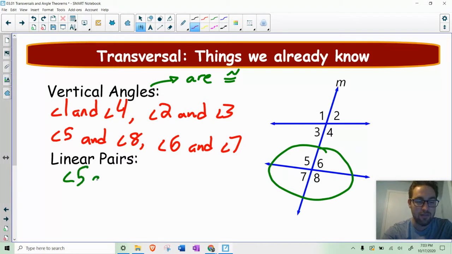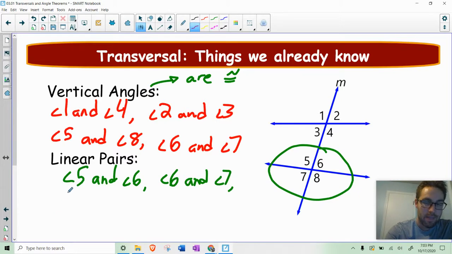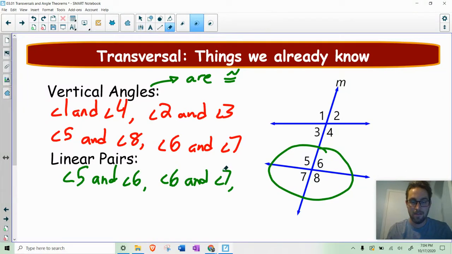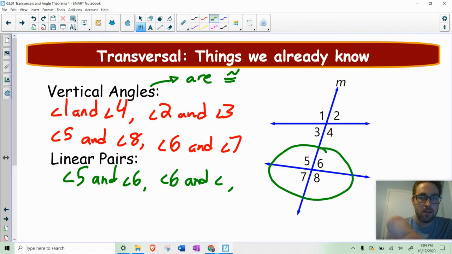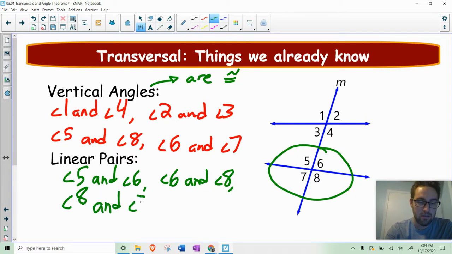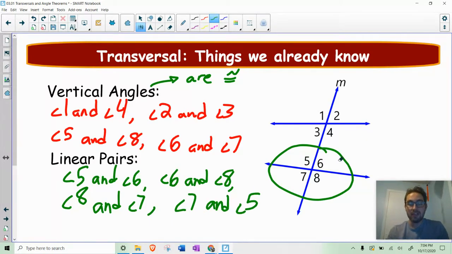So angle 5 and angle 6, angle 6 and angle 8, angle 8 and angle 7, and angle 7 and angle 5. And that's just down here.